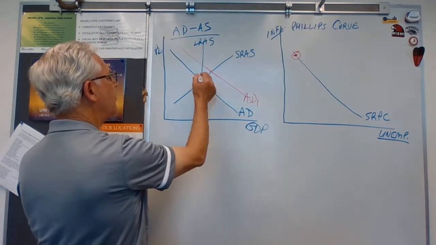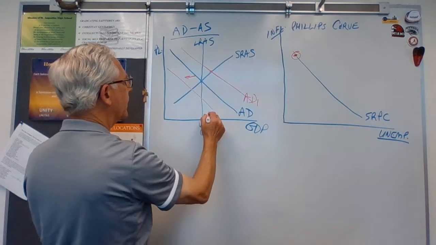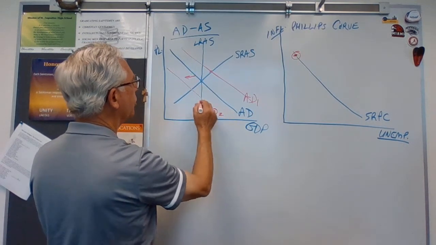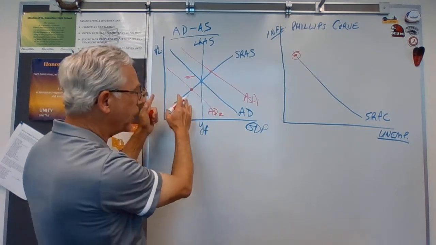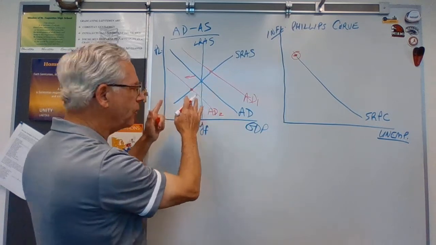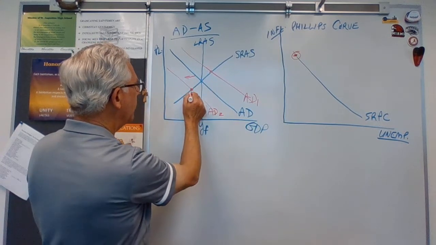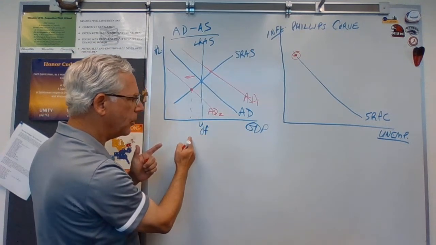If AD shifts to the left, back this way to AD2, we would wind up with reduced inflation, in fact, maybe even deflation, okay? But we're going to say just a reduced rate of inflation. And we would wind up with more unemployment. We'd be short of full employment.